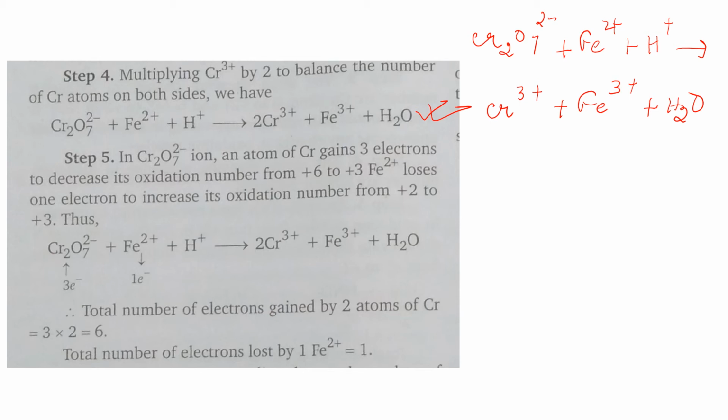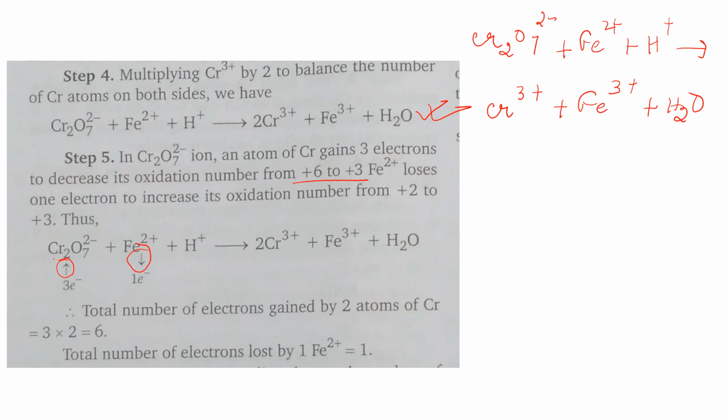Now step 5, I have to see which atom is losing how many electrons. So as I told you, chromium is changing from +6 to +3. So it is gaining 3 electrons. See, I have shown it by upward arrow. And iron is from +2 to +3. That means it is losing 1 electron. So downward arrow.